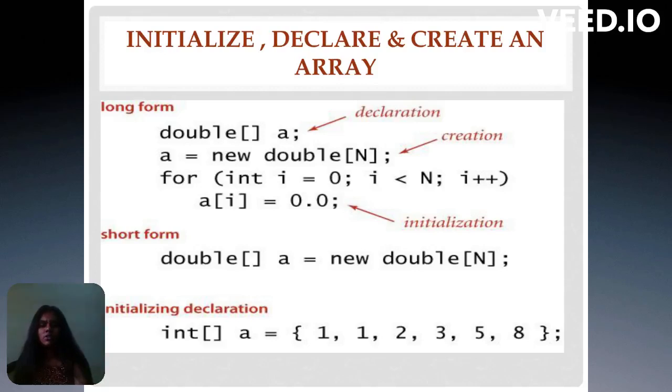This could be written in a short form, which is double[] a = new double[n]. In the initializing declaration, we declare or initialize the elements of the array. Here array a is holding 1, 2, 3, 5, 8. These are the elements the array a is holding.